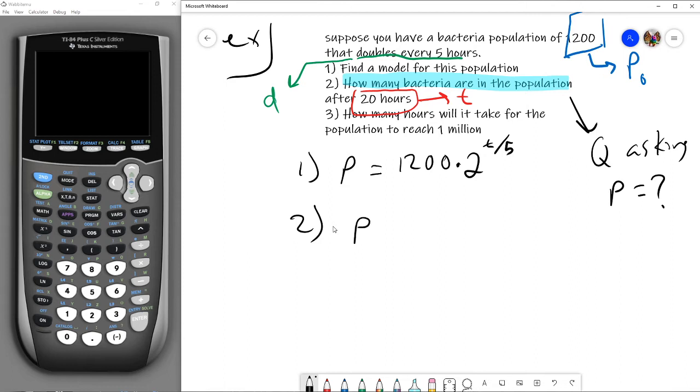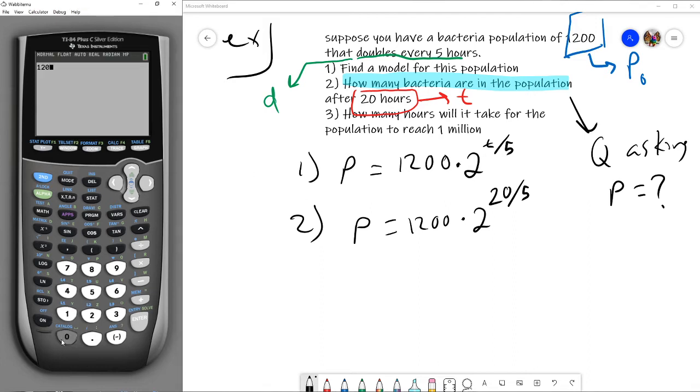So in this case, P has to equal 1200 times 2. Now, since we are given a T value, we plug in 20 over 5. And now we can just plug this directly into our calculator. 1200 times 2 to the, well, if you didn't know that 20 divided by 5 was 4, you can just be lazy and plug it in as that.